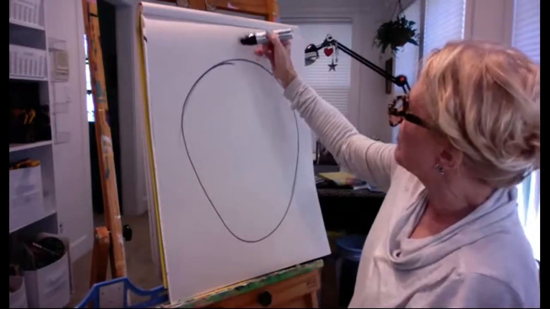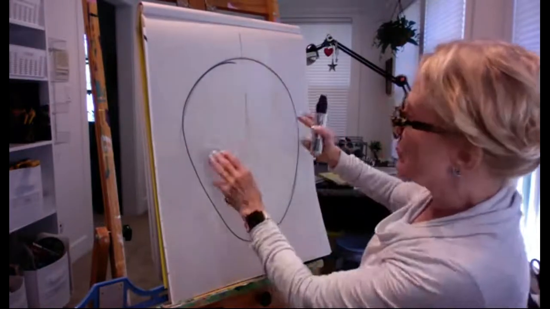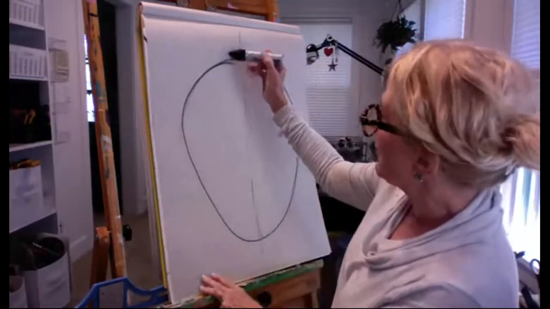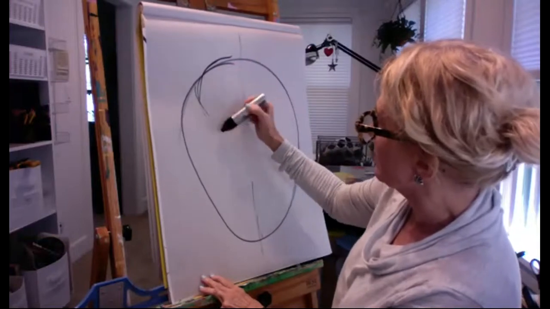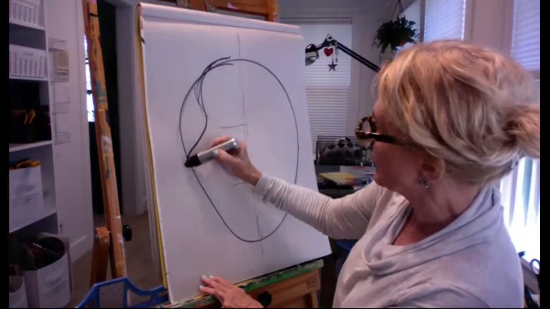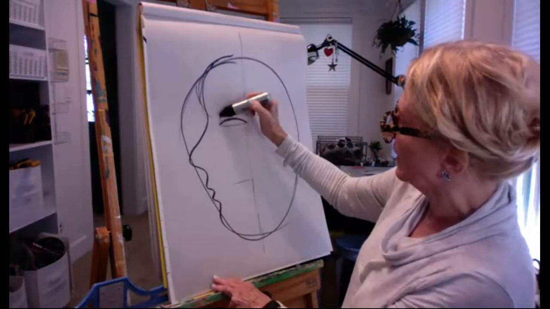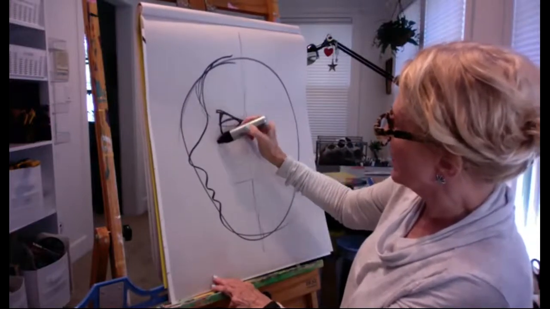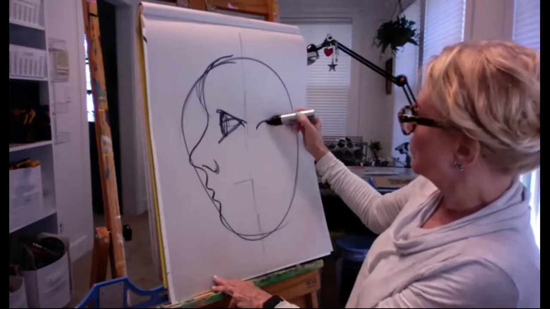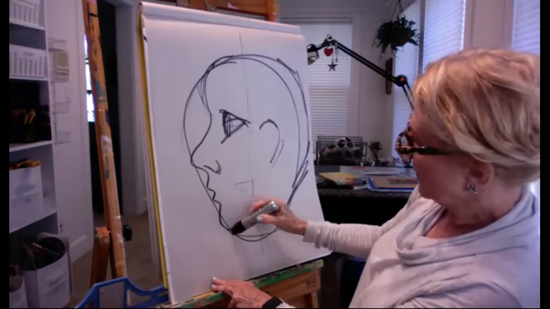But this time we've got our halfway mark, but now the figure is turned that way. So we've got the same kind of relationship going on where we're going to mark it in thirds. And you got the nose coming out and the lips and the chin, and you got that whole thing happening. So I have a handout on that also that takes you through the proportions. The head will come back more that way.